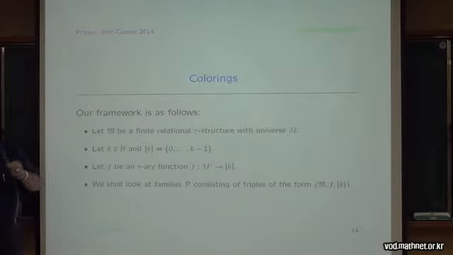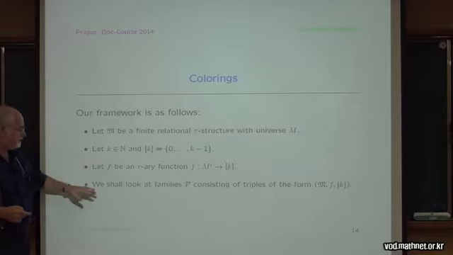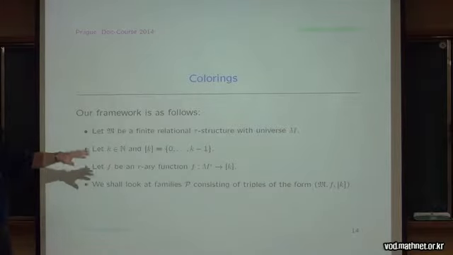So instead of coloring elements, you can color edges, pairs, even non-edges. You can color triples, you can color quadruples. You fix what you want to color, R. And we look at families P consisting of triples of this form.